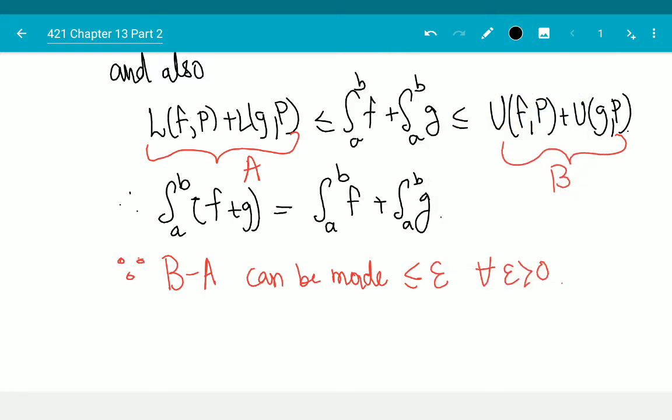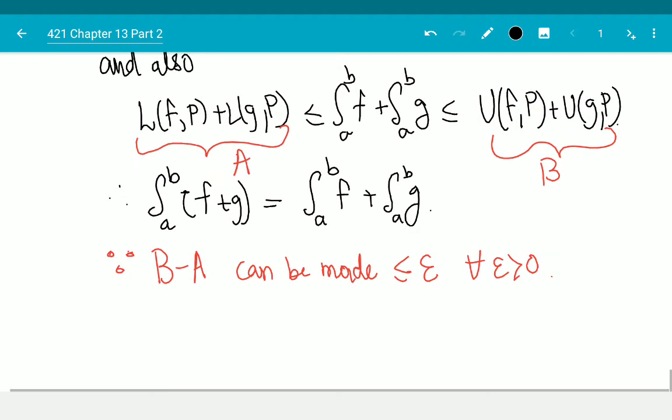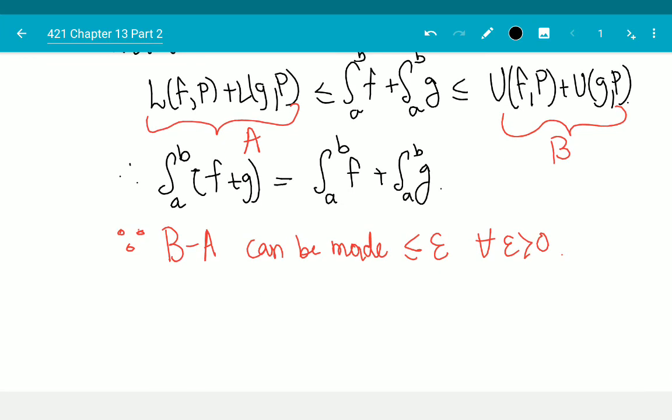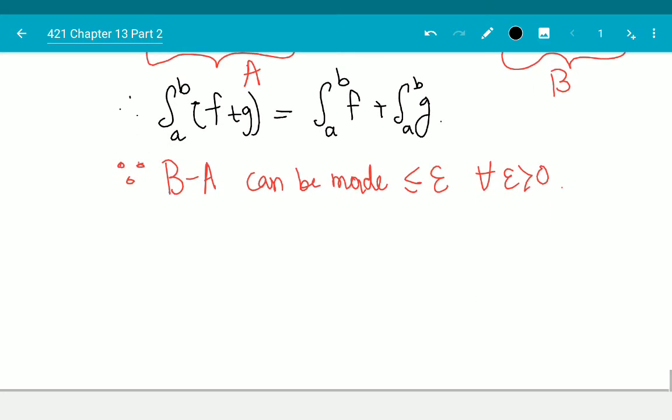That means this has to be exactly equal. The supremum of a has to be the infimum of b. Both of these are exactly that. Therefore, they have to be equal. Okay, that's my theorem 5 and 6 combined.